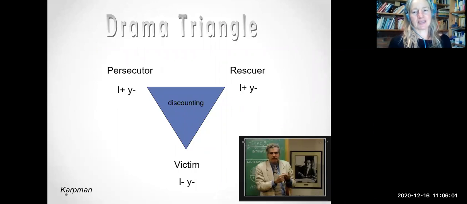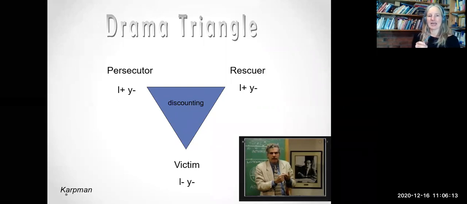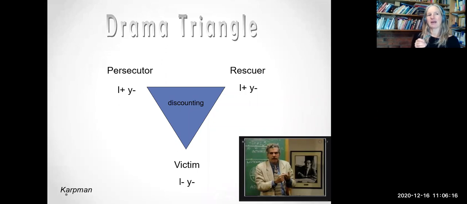Okay, so this is that model, the drama triangle. That's Steve Karpman's model. So not Eric Berne, Karpman came along later. That's a picture of Karpman at the bottom there. The games that people play are Eric Berne's games. And by games, he means that we all play psychological games in order to get attention.